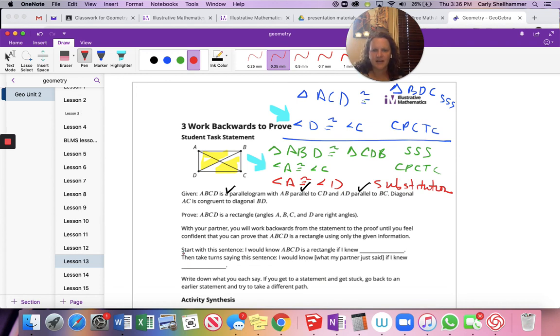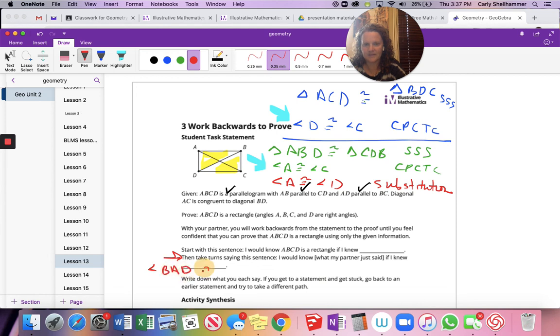And we said right here, early on, I would know that angle ABC and DCB were right angles if I knew they were congruent. I would know angle ABC, okay, we can't do that one though.